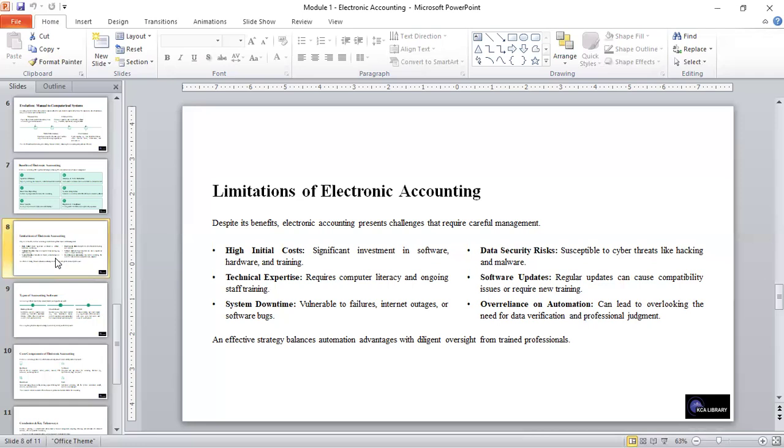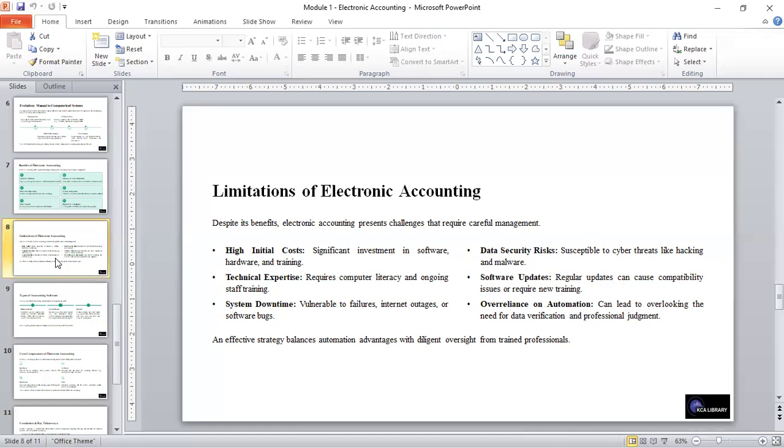We also see the limitation in terms of data security risk, and it shows susceptibility to cyber threats like hacking and malware. And also the software updates. For this, regular updates can cause compatibility issues or require new training.